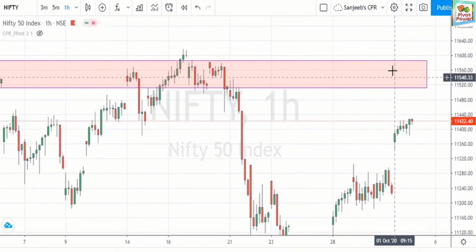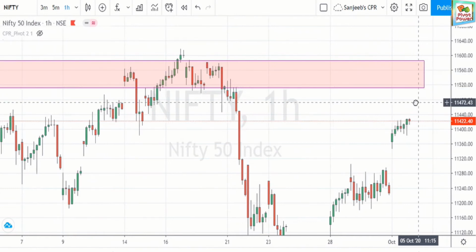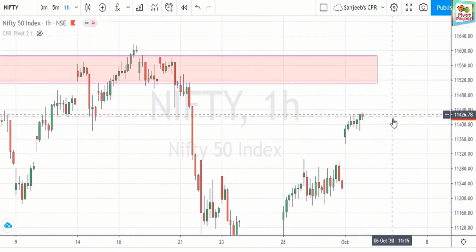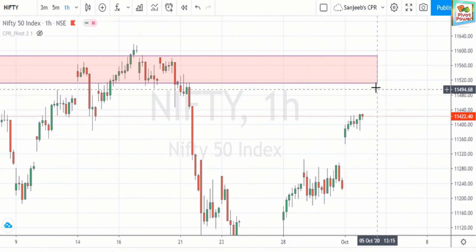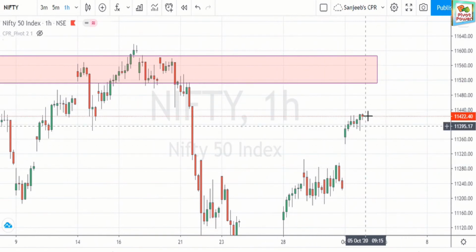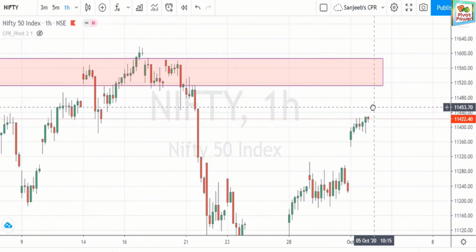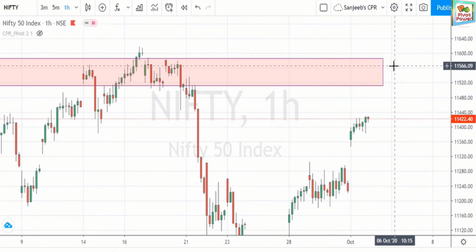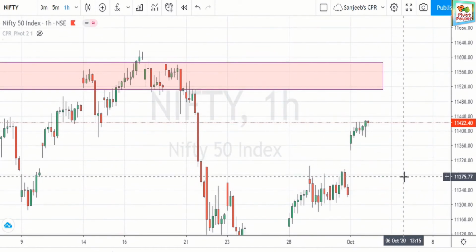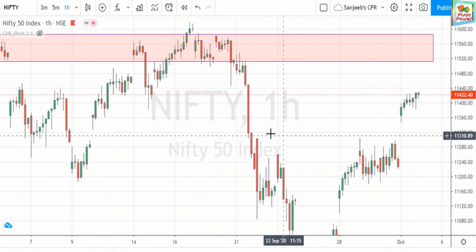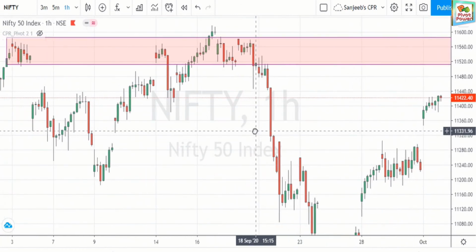But you can wait for this range. After this range, you can decide whether to go long or short. But most probably after coming to this level, it will go for a huge sell-off. Please watch this next.